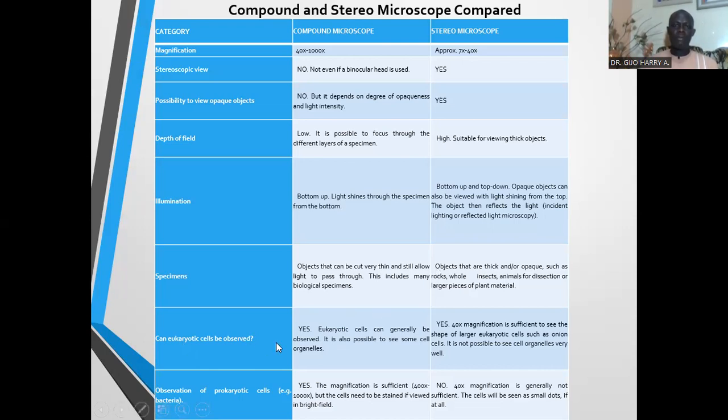Now, the compound microscope can be used to view eukaryotic cells, and in fact virtually all eukaryotic cells can be viewed with the compound light microscope. But the dissecting microscope, though it can also be used, has a few limitations.